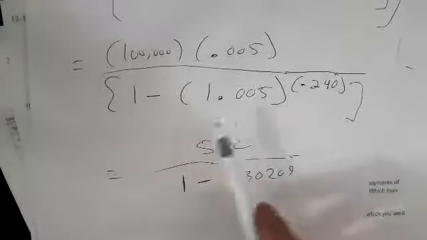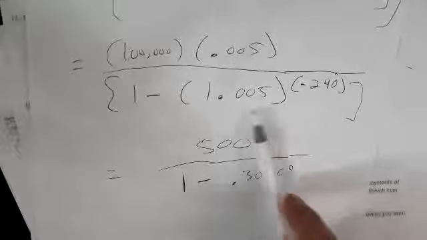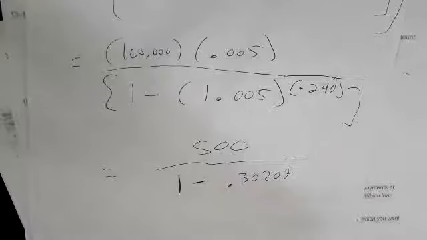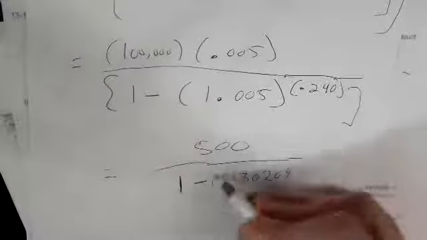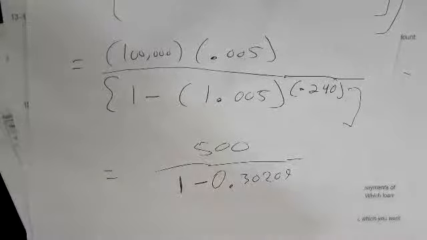Okay, and then this, we have to make sure we have some sort of technology to do negative exponents. So 1.005 to the negative 240 should be giving you this. I can't force you to do this on a calculator, but you're probably going to need to know it for your test, right?